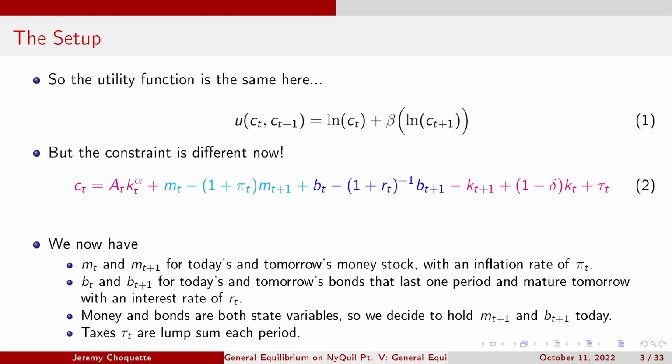And as I've said before, taxes are lump sum each period, right? So you can see, we lose a little bit of realism by making them lump sum, but the one thing that's really nice is they're being added into the constraints, not being multiplied by what your income is, for example. What is the benefit to that? Well, the benefit is the taxes here are non-distortionary.